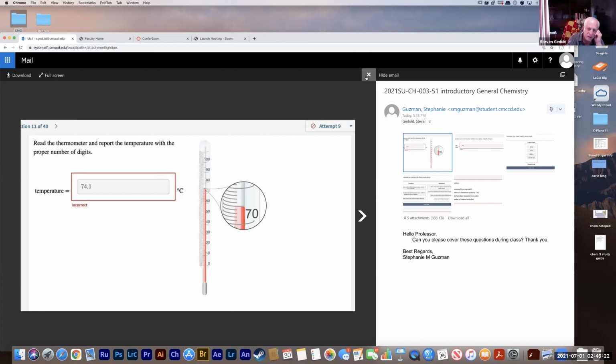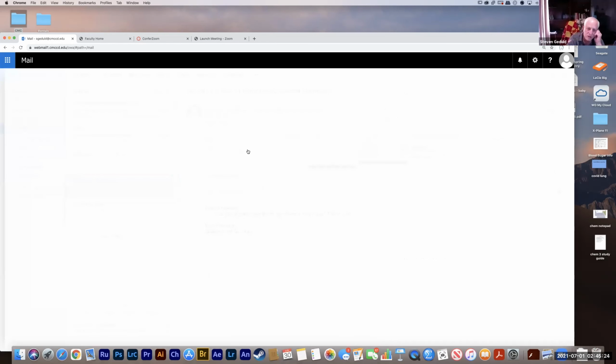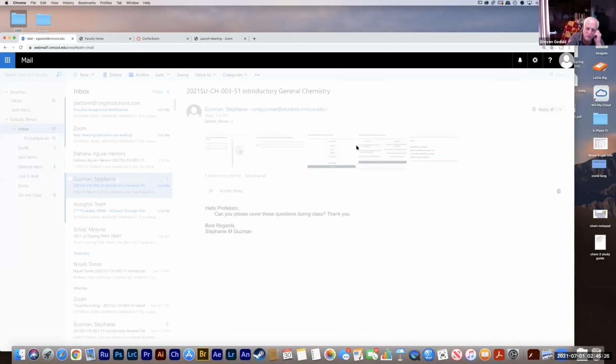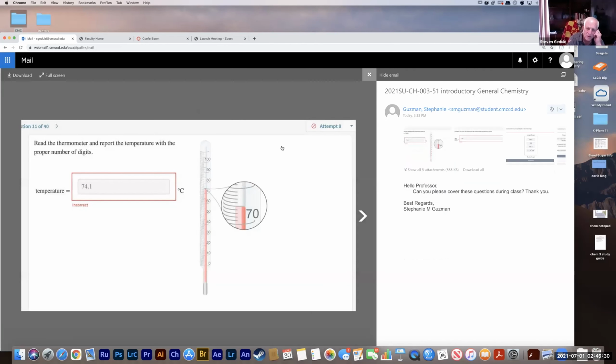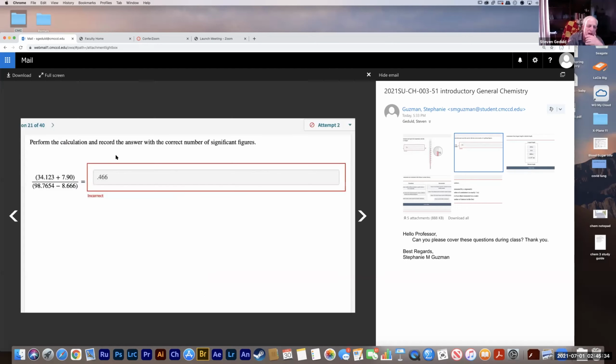And let's get the next one. Perform the calculation, record the answer to the correct number of significant figures. So you have 34.123 plus 7.90.